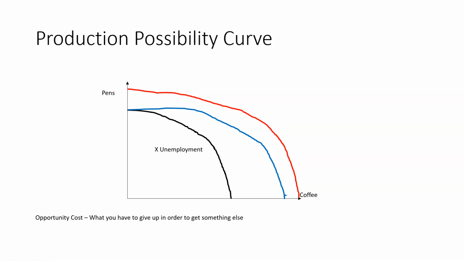For example, hopefully you don't spend all of your money every month. Maybe you've heard of savings, putting some money aside. Well, that's kind of what we're talking about here. Sometimes it's good for the economy to hold back, and that would be just very close to the curve. We don't want to hold too many resources back. Where I show the X here is a problem because we're underutilizing our resources, and that isn't good.